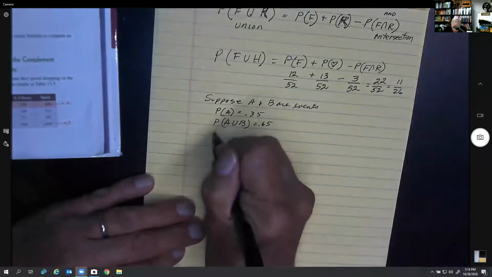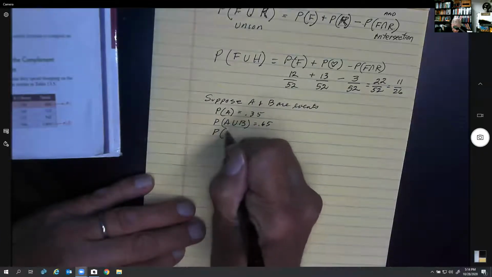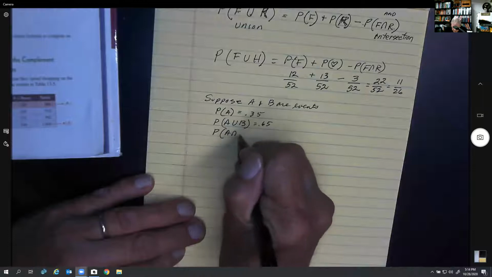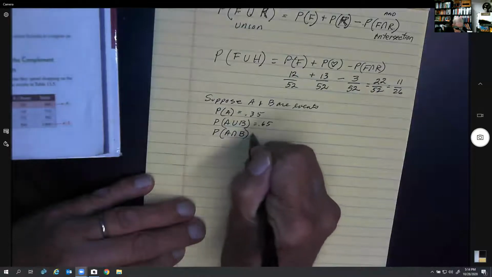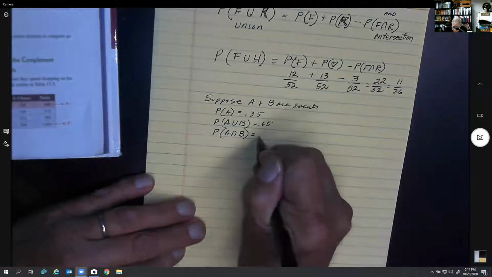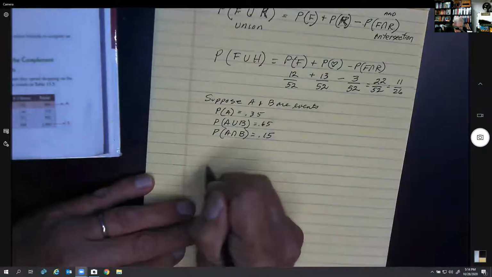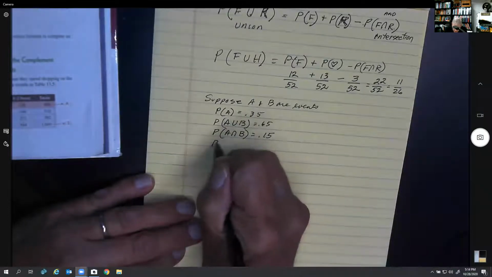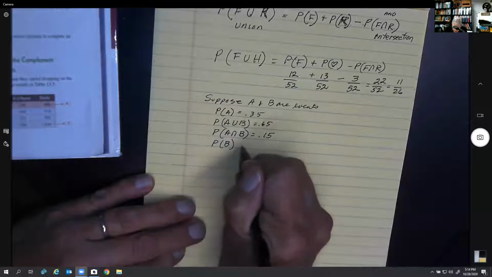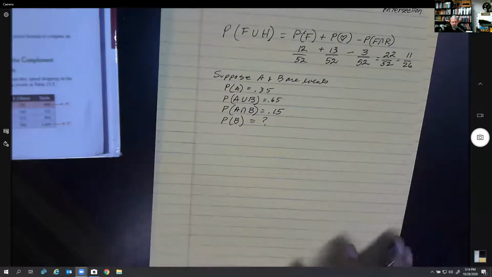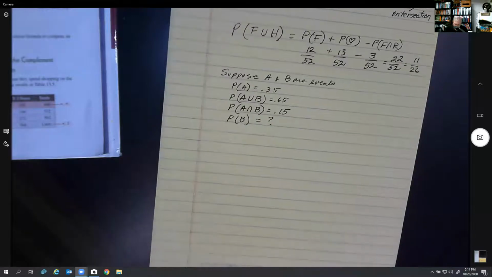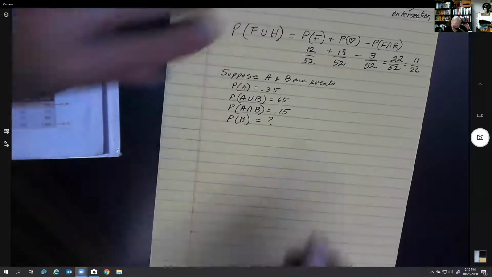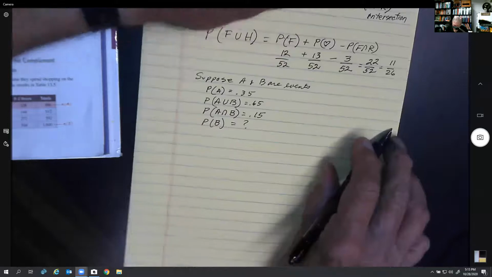The probability of A intersect B is 0.15. The probability of B is what you have to figure out. Now you're saying, oh my God, this thing is totally confusing. Well, it is until we straighten it out.